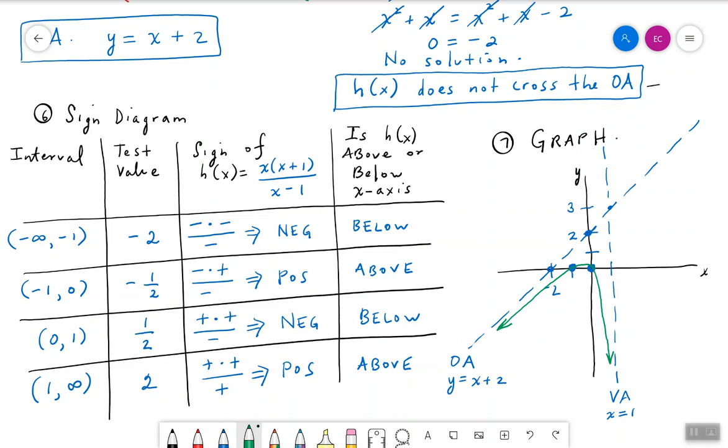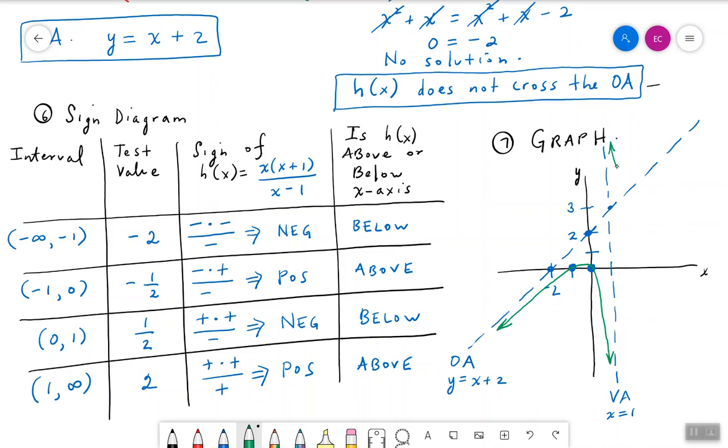We can pick up on the other side of 1, and we know that h of x is above the x-axis, so there were two possibilities, right? We can either shoot up on the other side or down on the other side. But since the function is above the x-axis, we must be using this arrow up here and not this arrow down here.